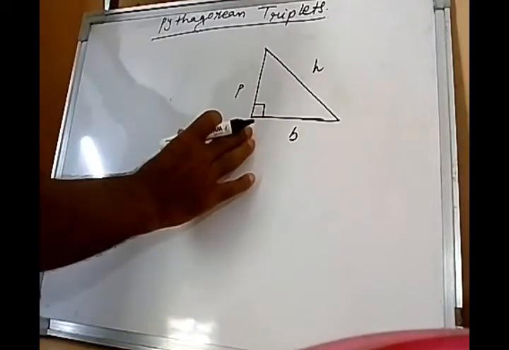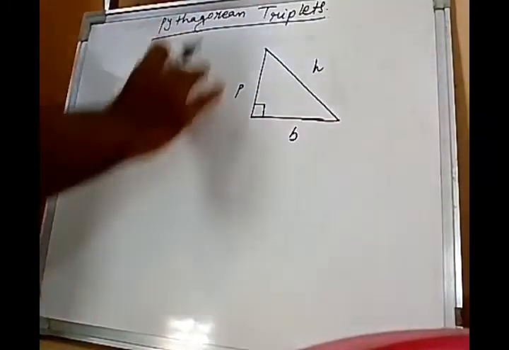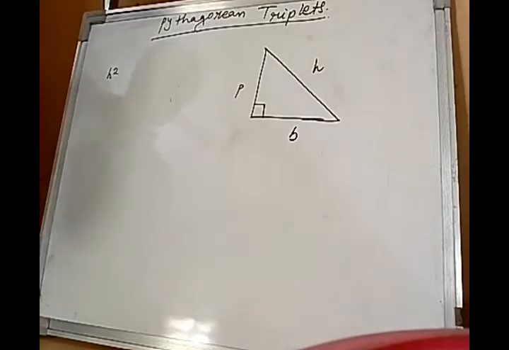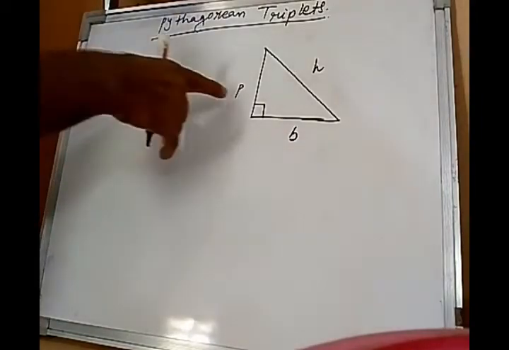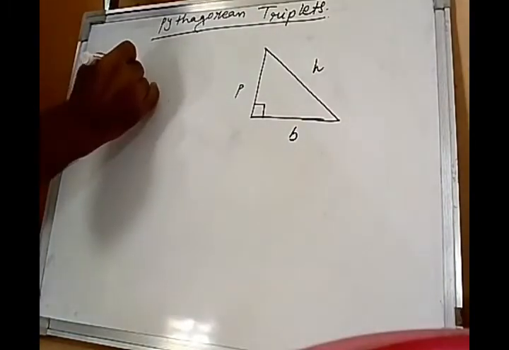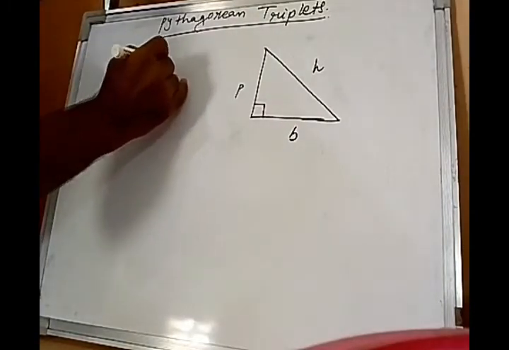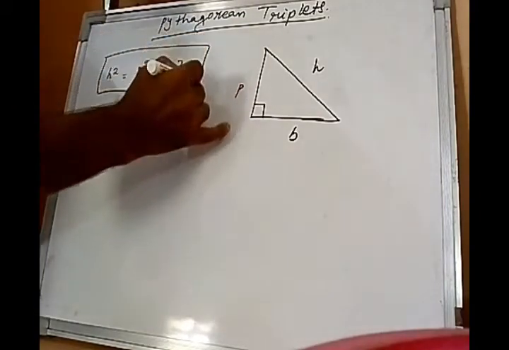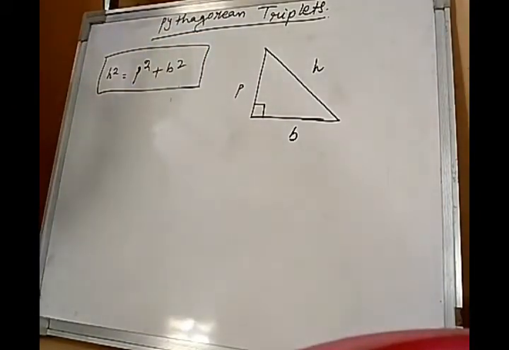So in this right angle triangle, the Pythagoras theorem says the square of the hypotenuse is equal to the sum of the square of the perpendicular and base. So here, P square plus B square. So this is the Pythagoras theorem in a right angle triangle.